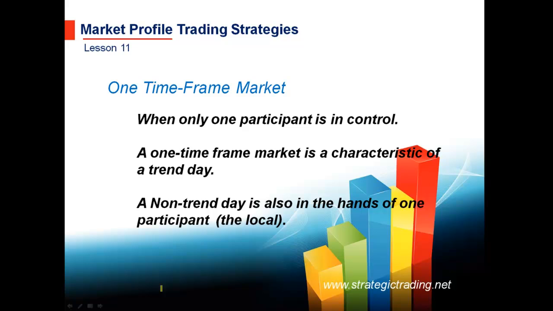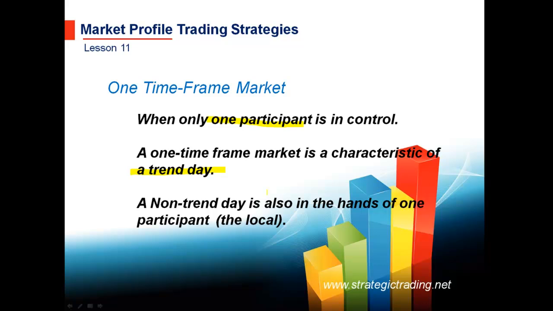Let's begin by taking a look at the single time frame, or the one time frame market. And basically this is when one participant is in control. A one time frame market is the characteristic of a trend day, because there's only one side, one party that is in control.